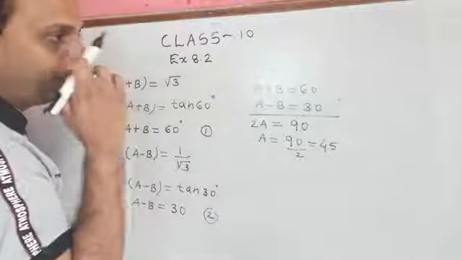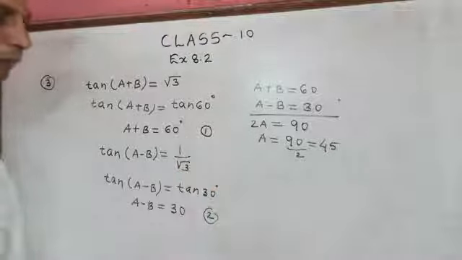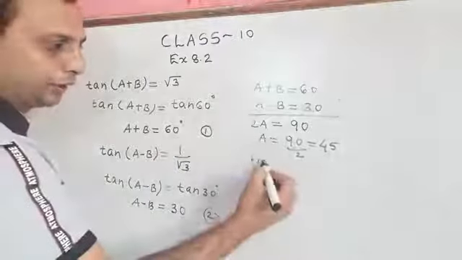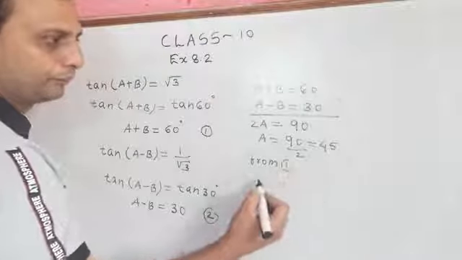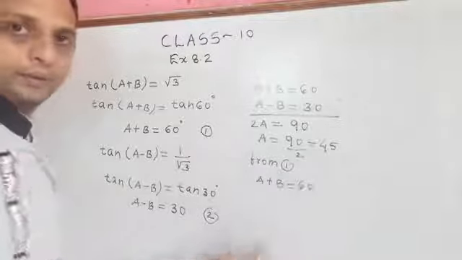Now we can find the value of b by putting the value of a in equation first. A plus b equals 60 degree.